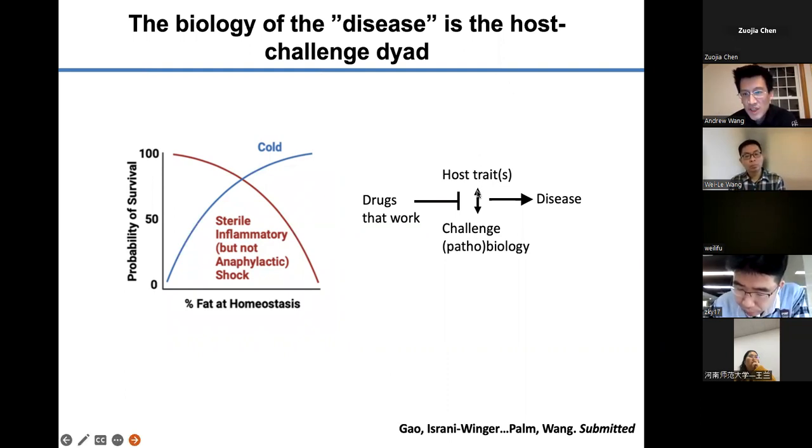And it's this interaction between some host trait and the challenge that's actually the disease. And so the drugs that work really are only the drugs that work for this particular interaction, right? The drug only works for the half of the mice that die.